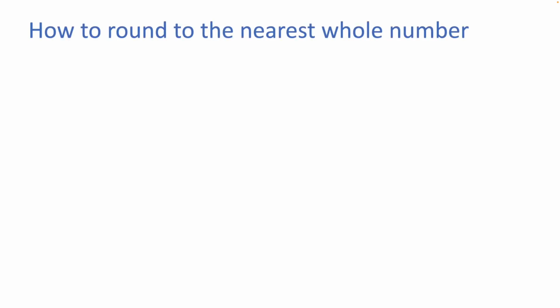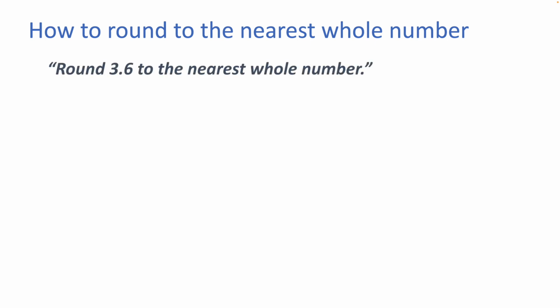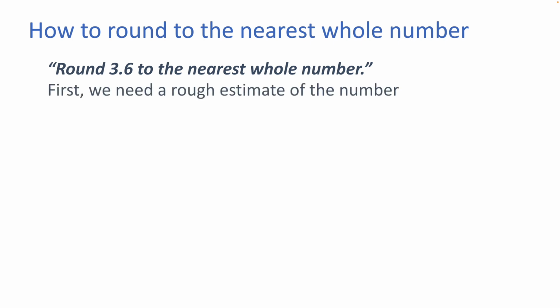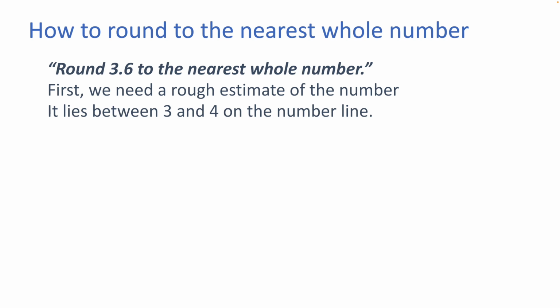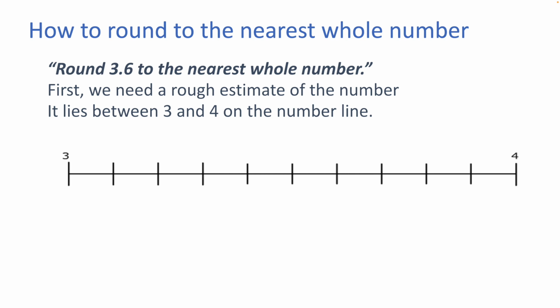So let's get started with rounding to the nearest whole number, or the nearest 1. For example, if we were asked to round 3.6 to the nearest whole number, first we need to have an estimate of that number. So we know it's going to lie between a 3 and a 4 on the number line. So let's draw our number line between 3 and 4, and each point on that line is going to be 0.1.